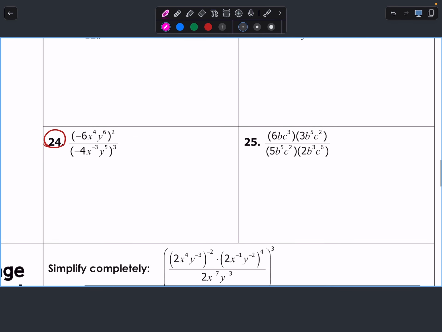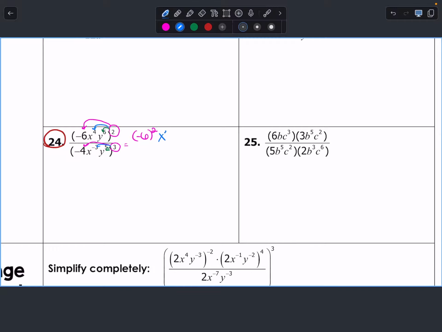So I'm going to go ahead and I'm going to distribute my squared to all my terms in the top. I'm going to take my cubed and I'm going to distribute it to all the terms in the denominator. So I get a negative 6 squared.